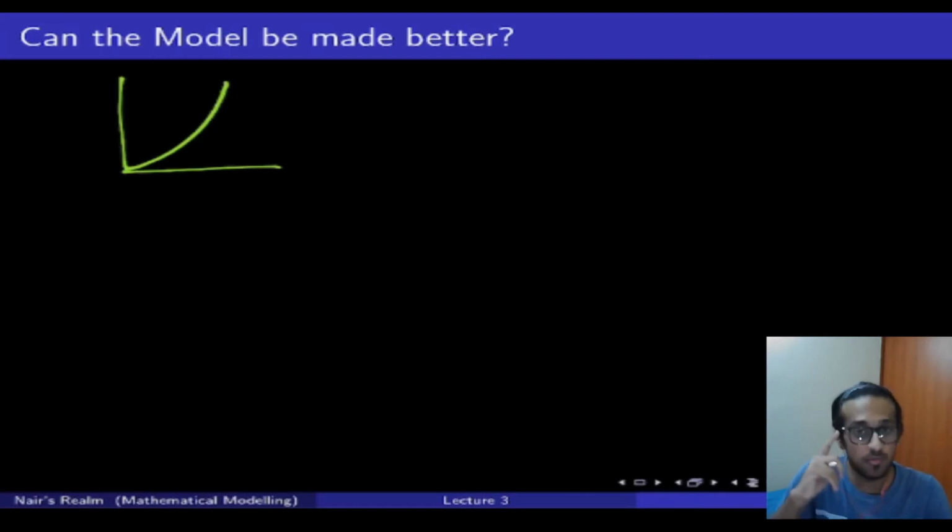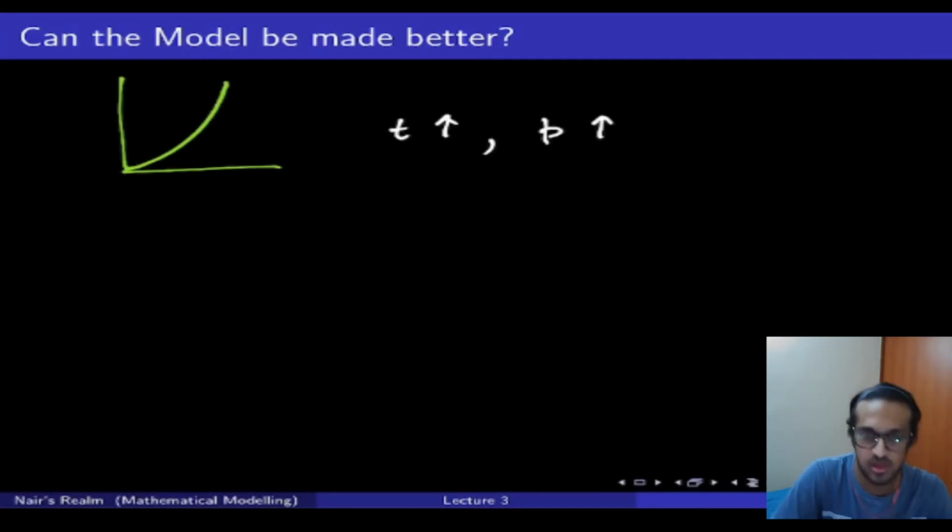So it would make sense, if you think logically, that as t increases and P increases, at some point the increasing population should actually influence the population growth. That means the growth rate cannot become higher and higher as the population becomes higher and higher, because of the resource crunch.